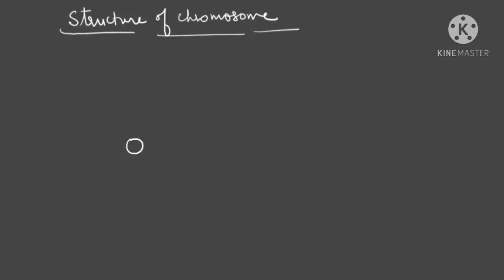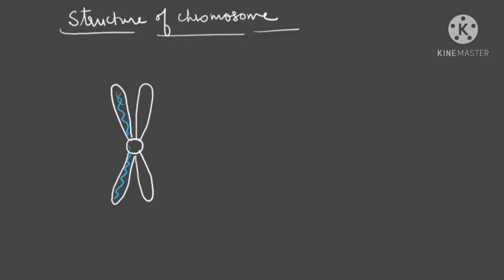Now look carefully. You see the chromosome only during cell division. This is the primary constriction, and these are the two chromatids. Check my diagram carefully. This is DNA, so this is one full chromatid.